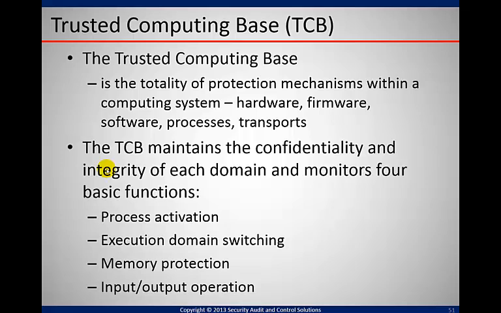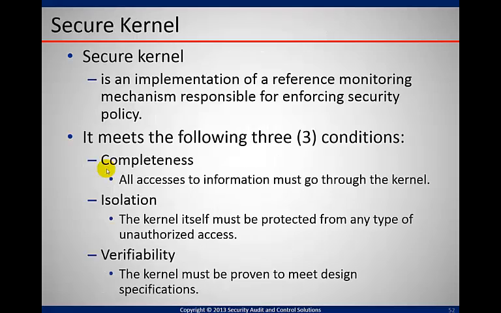Also, the TCB maintains the confidentiality and integrity of each domain and monitors 4 basic functions: process activation, execution, domain switching, user-to-system mode, memory protection, and all input and output operations. A secure kernel is an implementation of a reference monitoring mechanism responsible for enforcing the security policy.